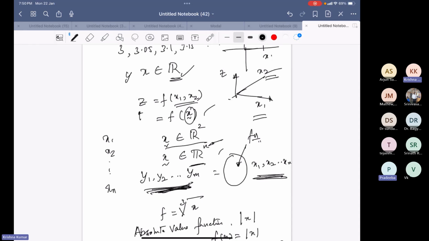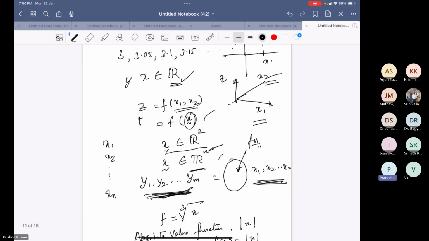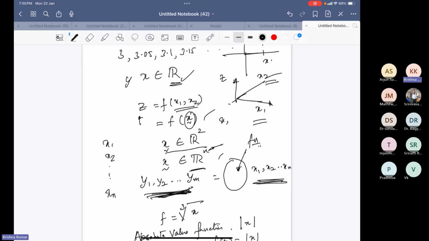So n means there are n dimensions. Just to add a small clarification: x1 can have a set of values, x2 can have a set of values, because people might confuse that x1 is a single value. No. See, the variables you have so far been using are only x, y, z, and so on.